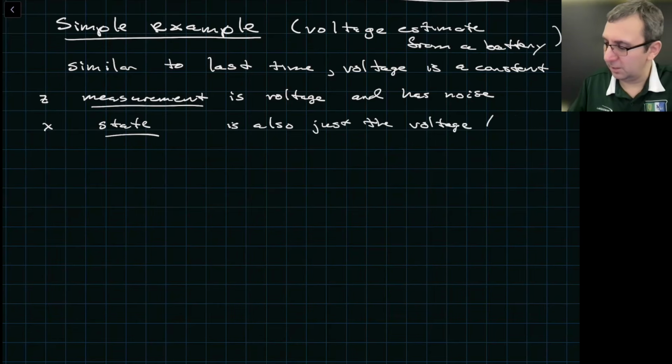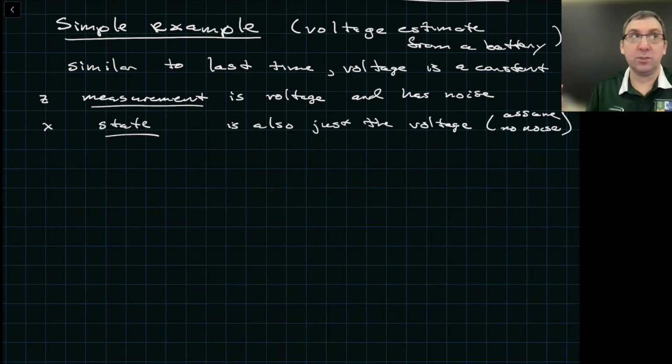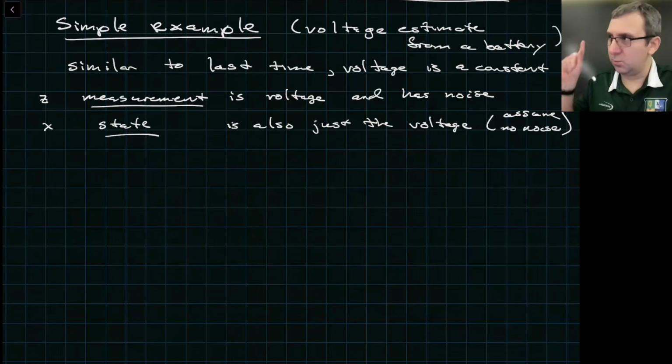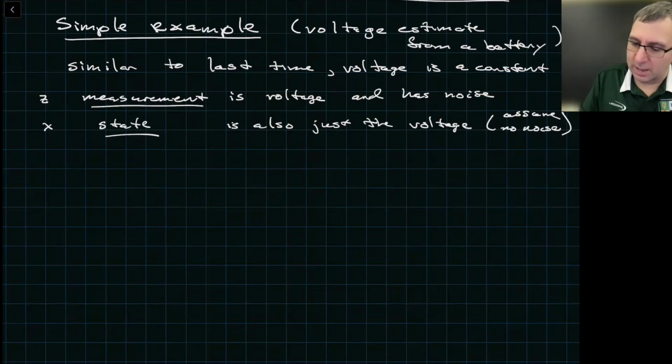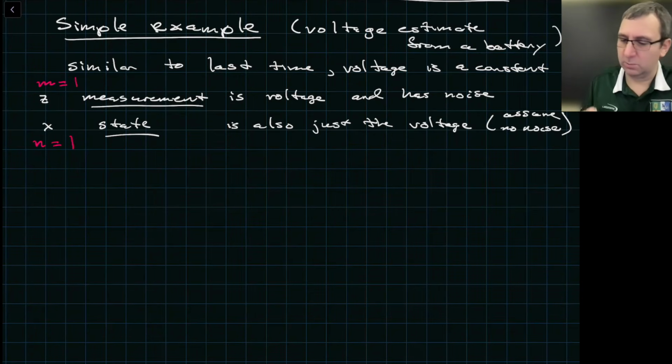And we'll assume that there is no noise in the actual, unknown to us, voltage. So the measurement is just one scalar variable. So M equals 1 and the state N also equals 1.